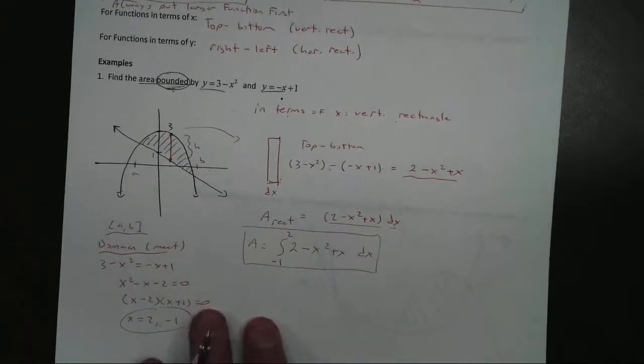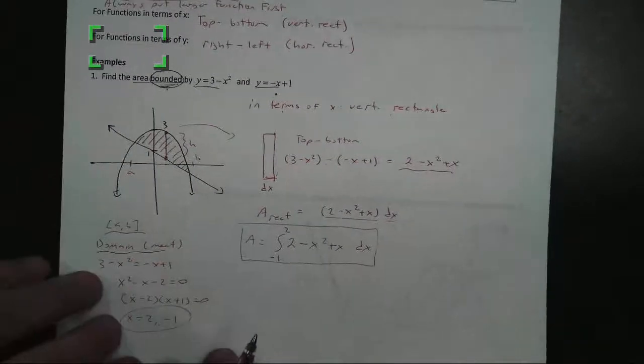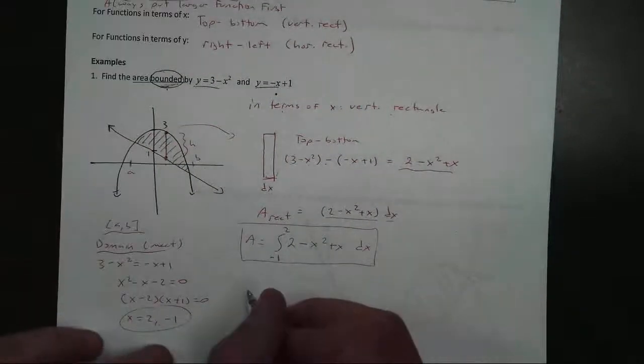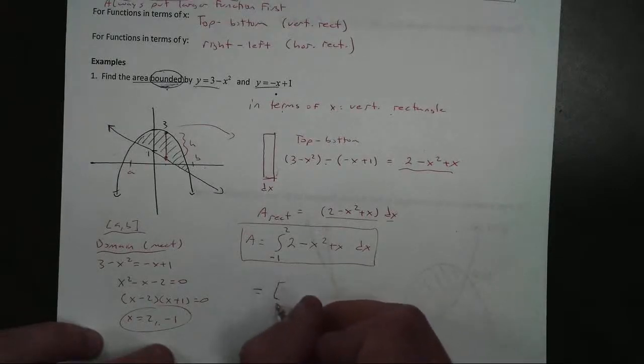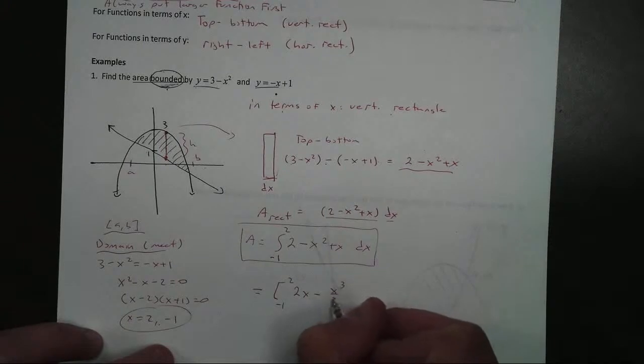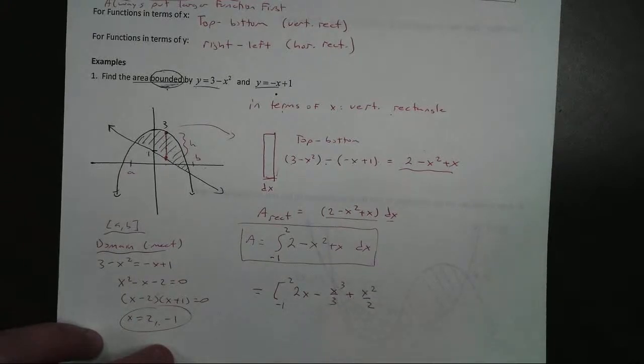So let's go ahead and calculate that exact area. To do that, I'm just going to integrate from negative 1 to 2. This becomes 2x minus x cubed over 3 plus x squared over 2. Applying the FTC, f of 2 minus f of negative 1.